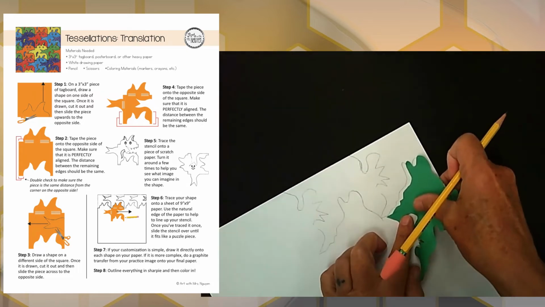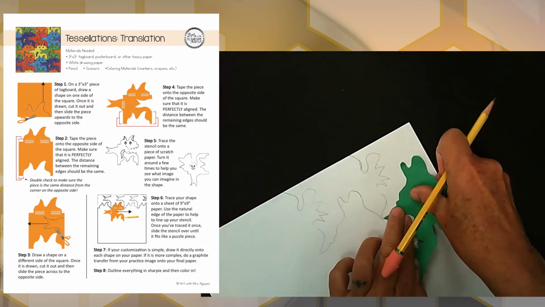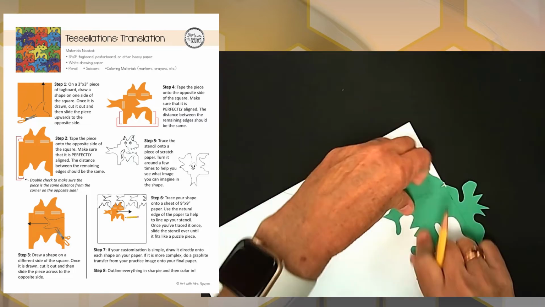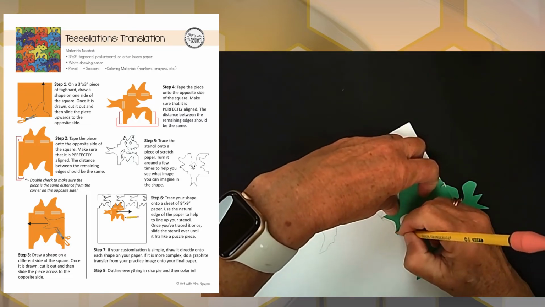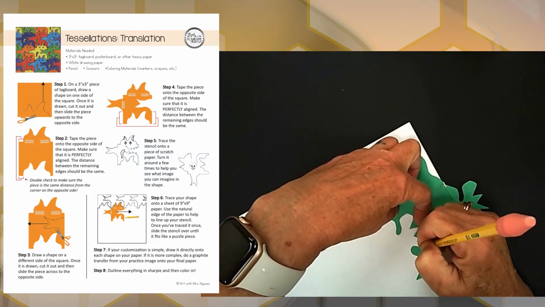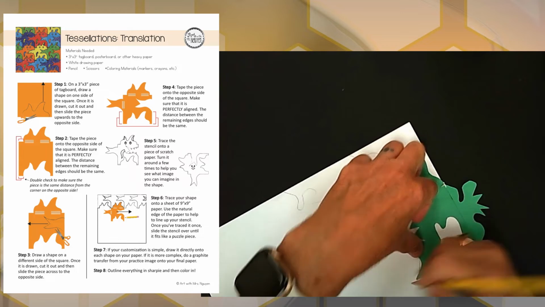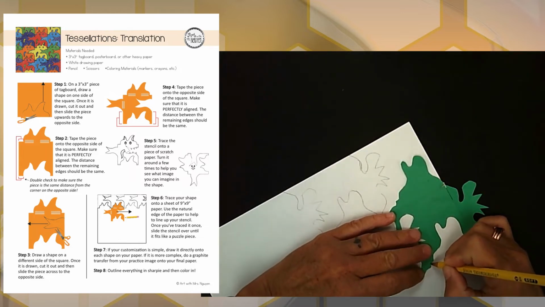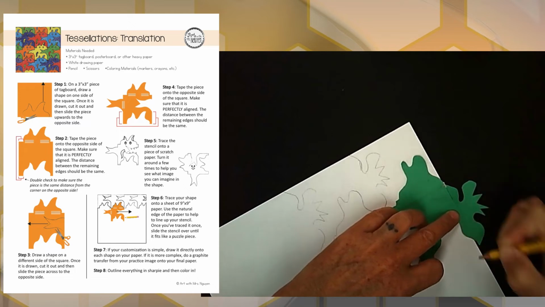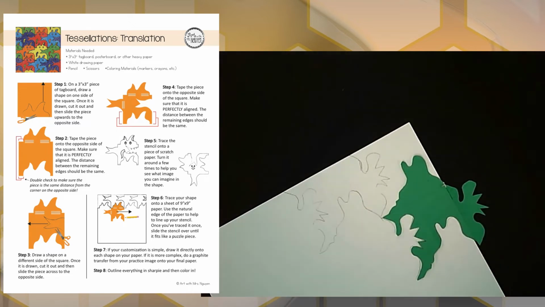Take the time to really make sure they line up well. It really does matter. You look at the sides of your paper, look at where it fits. If you have to fit it in a little bit, that'll be okay. But they really should fit pretty nicely in there. And you're going to fill up your whole paper. Just like that. And then I'm going to fill mine up, and I'll be right back with you.